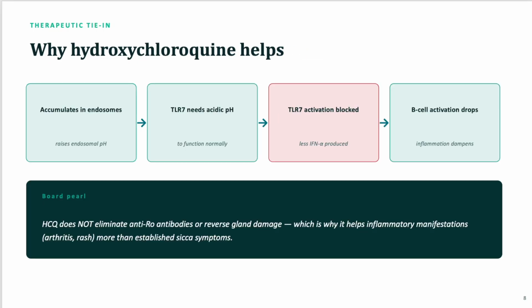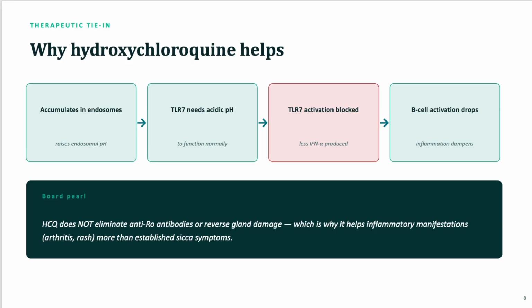So why does hydroxychloroquine help, right? So hydroxychloroquine actually accumulates within endosomes and raises their pH, right? Now, remember we talked about TLR7? TLR7 actually requires an acidic environment to function. So, hydroxychloroquine inhibits TLR7 activation by actually increasing the pH, making it more basic.